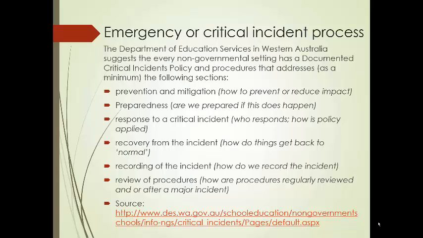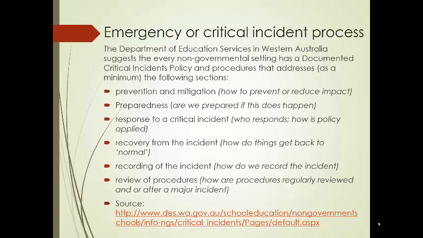And here is one from the Government of Western Australia, which talks about how we can think about prevention and mitigation, how we can prevent or reduce the impact of challenging behaviours or serious behavioural incidents, how we can be better prepared if a serious incident involving behaviour does occur, how we can better respond to a critical incident, thinking about who responds and how policy is applied in practice, how we can recover from the incident, thinking about us as well, the professionals who've been involved in the incident, but also the peers, the children, the students in setting. How can we get learning back on track and things back to normal?